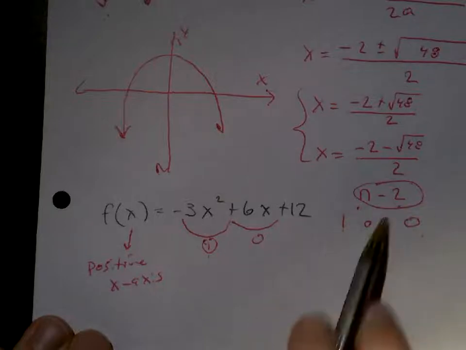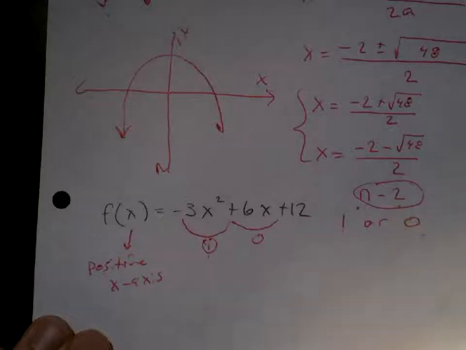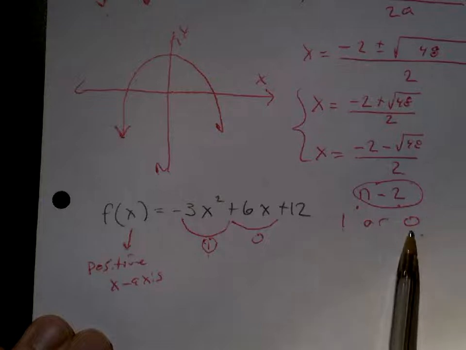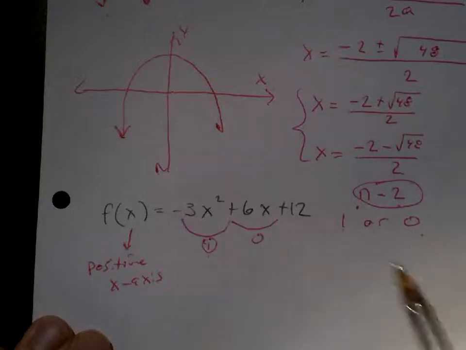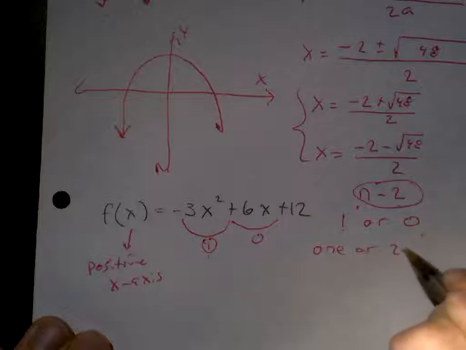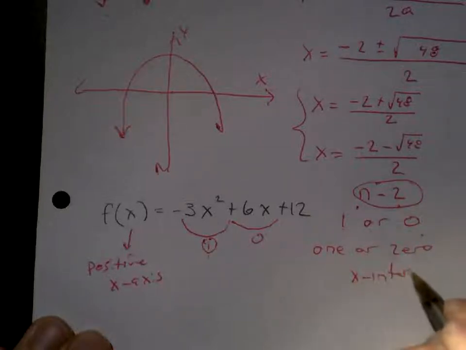I know you're probably thinking, well, Mr. Boss, that's going to be 1 minus 2, which is negative 1. Well, you can't really have negative 1. It has to be 0. So that's going to have 1 or 0 real roots. So this is going to have 1 or 0 x-intercepts.